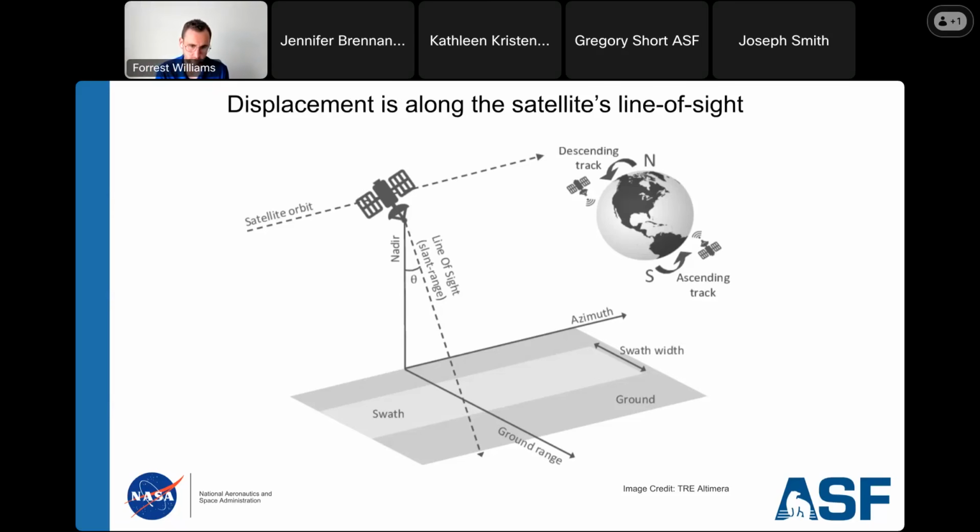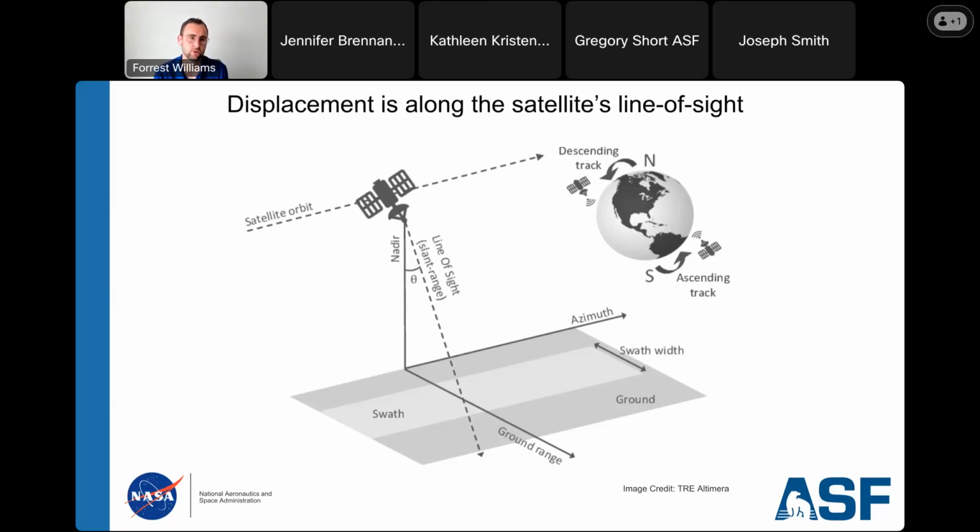Now, another really important thing to mention is that all polar orbiting satellites have an ascending track and a descending track, and they'll typically get data for a given location on both the ascending track and the descending track. The important thing to remember is that for a given location, there will be two very different lines of sight of data available for this InSAR data set.